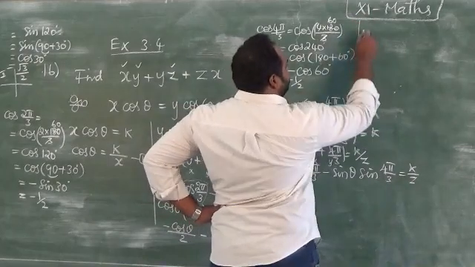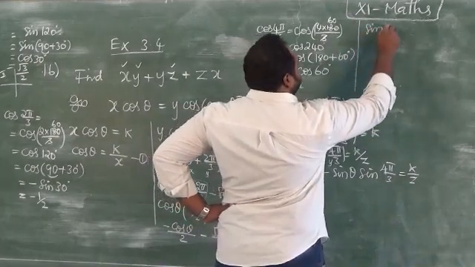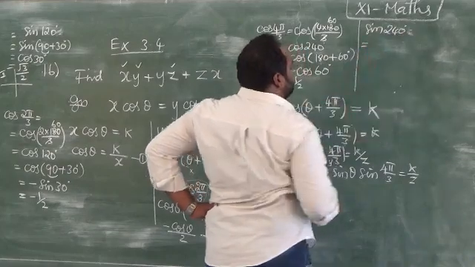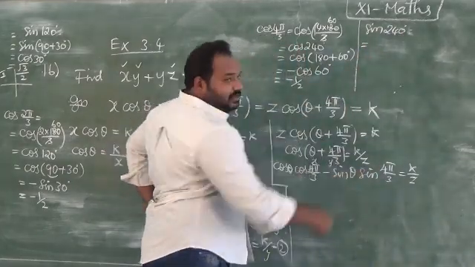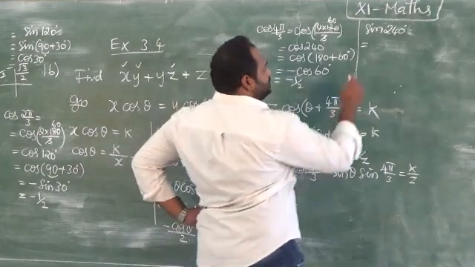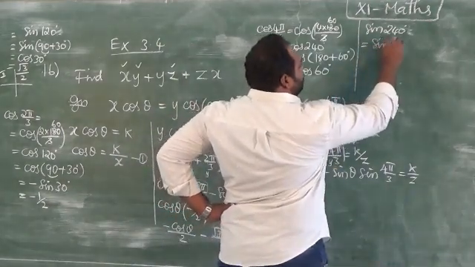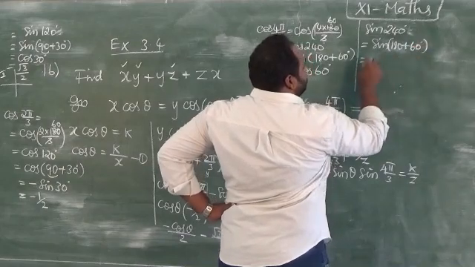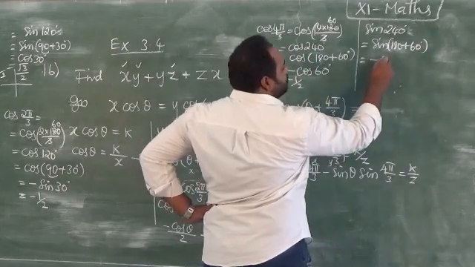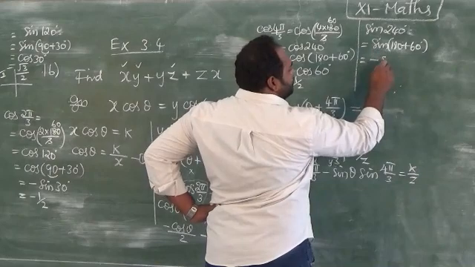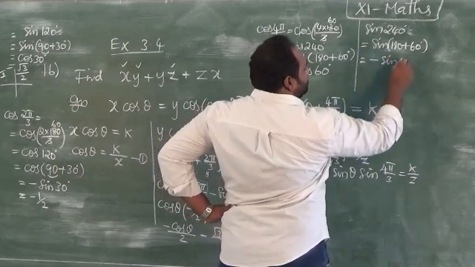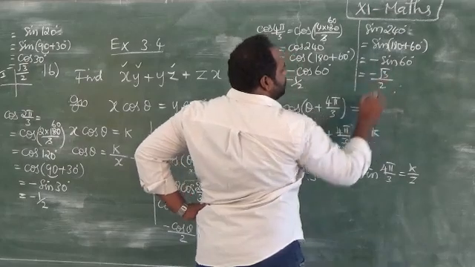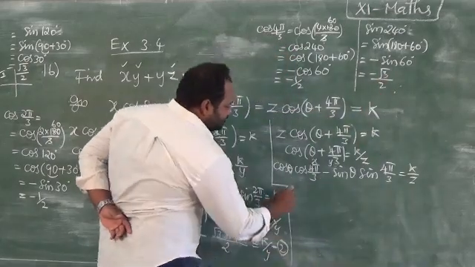Same, going to find out sin 240, because here sin 240 also we have to find out. So sin 240, 180 plus 60. Here third quadrant is sin negative, no change in the ratio. So sin 60, sin 60 is minus root 3 by 2. So now I am going to apply the values here.